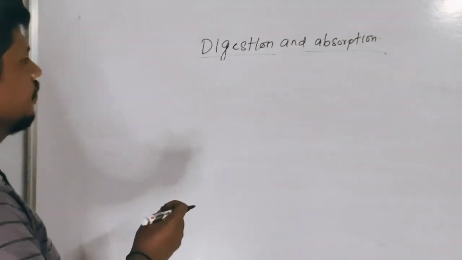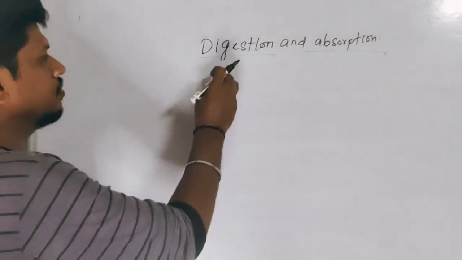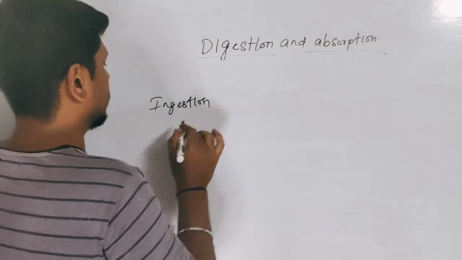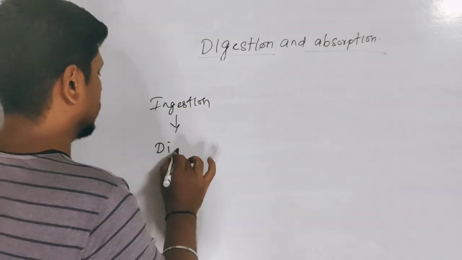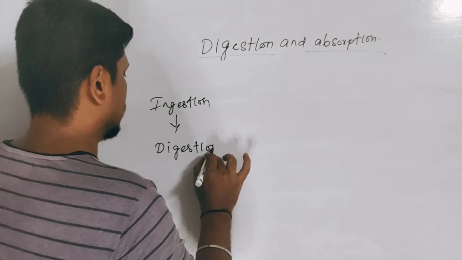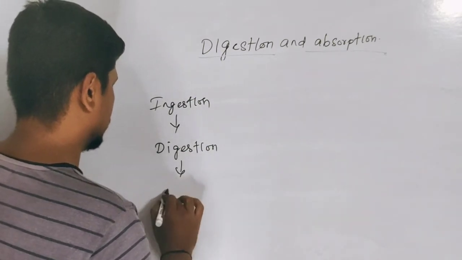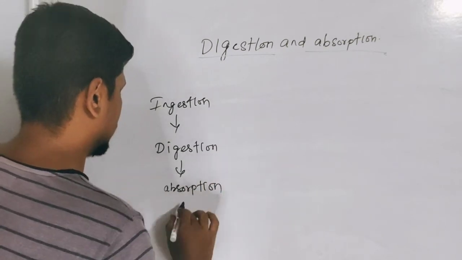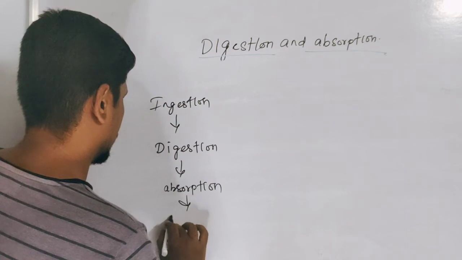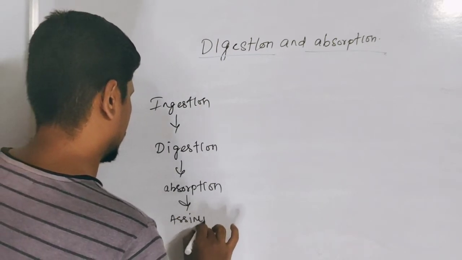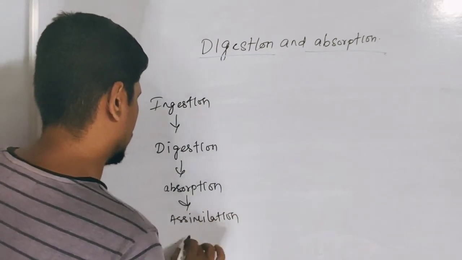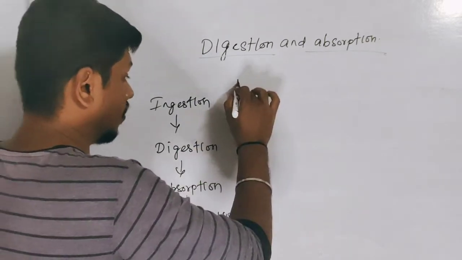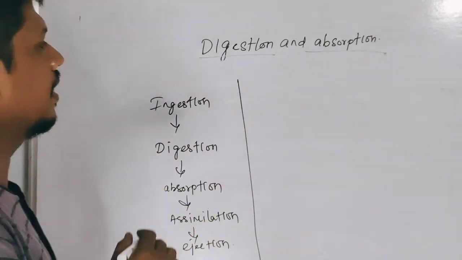Now I want to give you the processes to achieve digestion. One is ingestion, digestion, then absorption, assimilation, then egestion. Then what are the parts responsible for digestion?